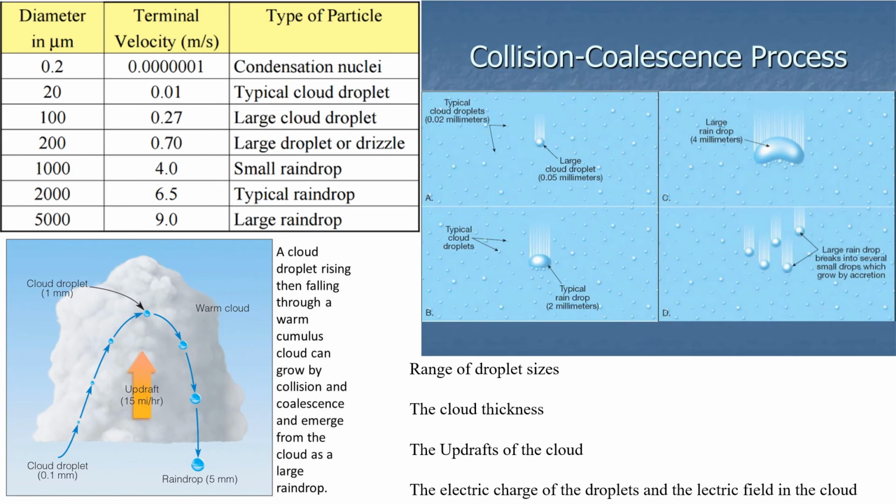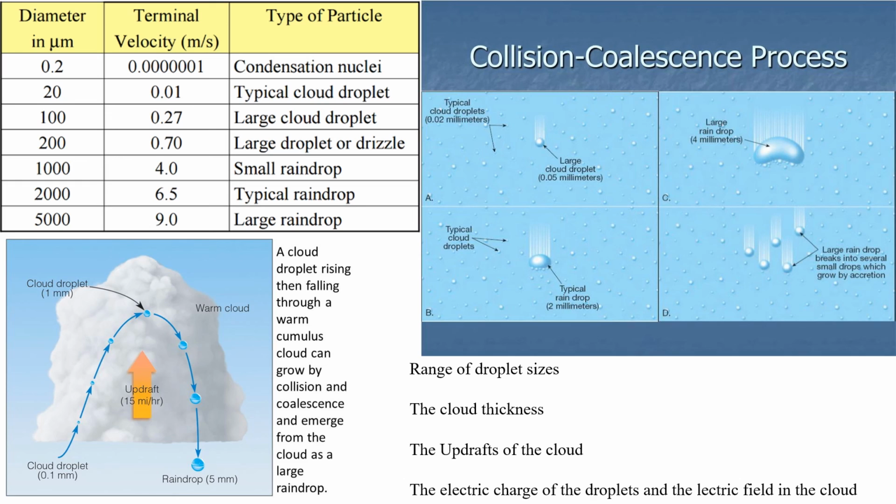So we know how the collision and coalescence process works. The velocity also depends on the size of the condensation particles and the size of the droplets. We also know that collision does not necessarily always result in coalescence.